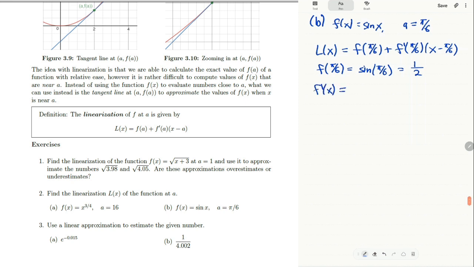Next we need the derivative. So f prime of x, we know that the derivative of sine is cosine. We can now evaluate the derivative at pi over 6, which gives us the cosine of pi over 6, which is root 3 over 2. And so the linearization of sine at pi over 6 is 1/2 plus root 3 over 2 times x minus pi over 6.